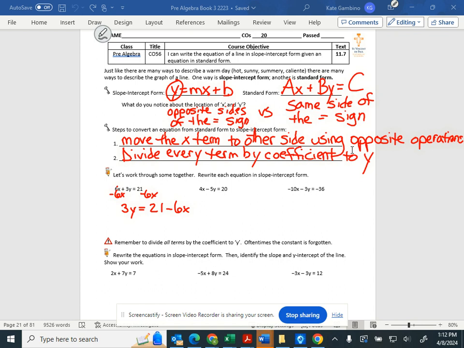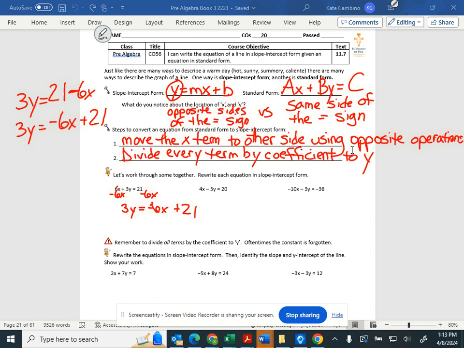Now, I like to put my x first, because mx, we want it in that slope-intercept form. So I'm going to say minus 6x plus 21, because they mean the same thing. 3y equals 21 minus 6x is the same as saying 3y equals negative 6x plus 21. So we want it to be in that slope-intercept form, y equals mx plus b.